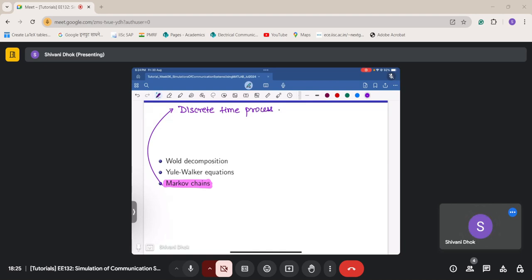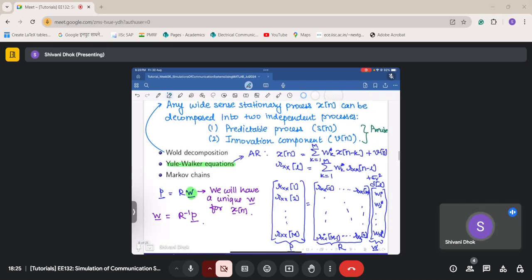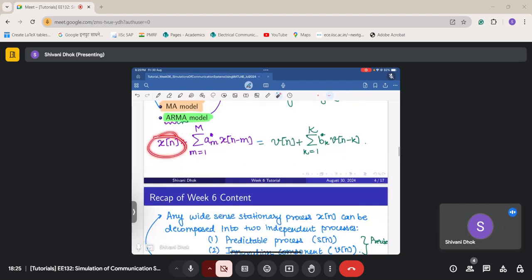And the Markov property, what it says is, if you observe carefully, your current output is depending on your previous outputs and previous inputs as well.